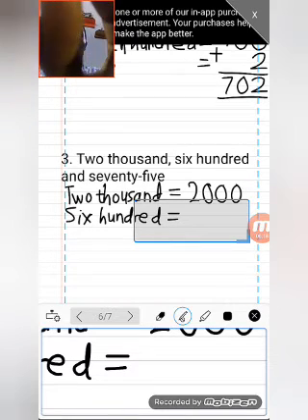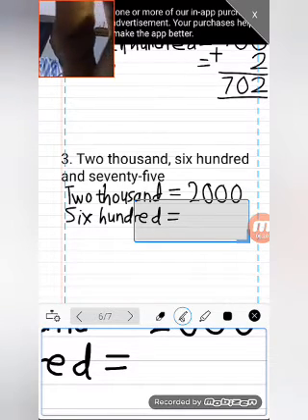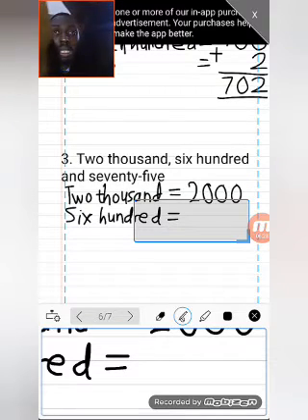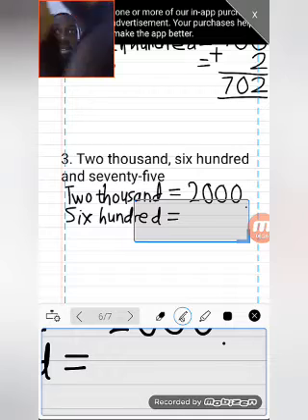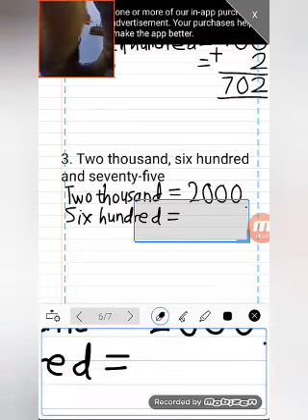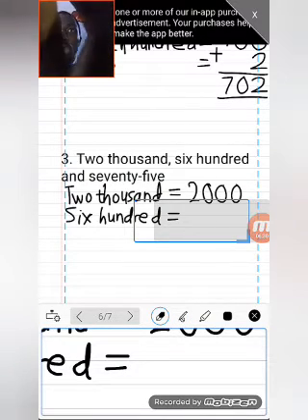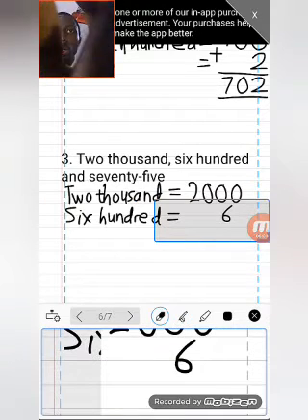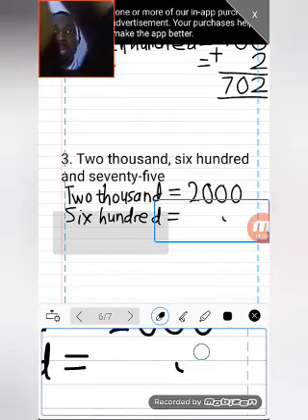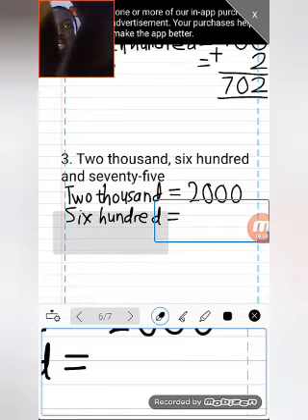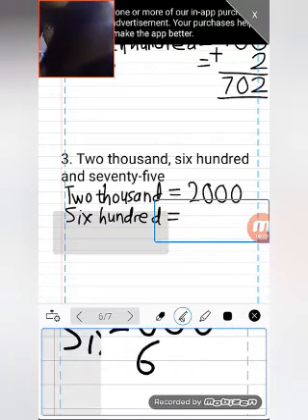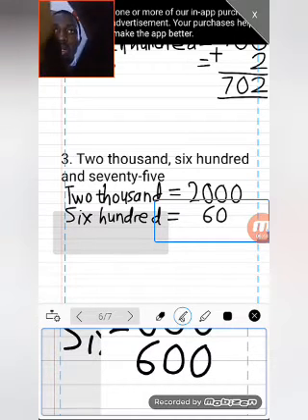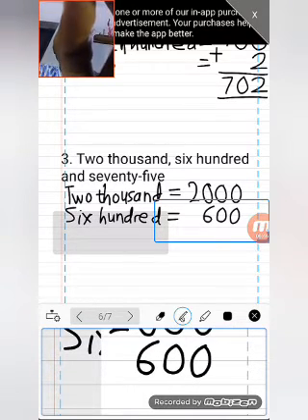That's 6 with 2 zeros behind it. Remember, we have to arrange it the way we arrange when we are adding our numbers. Oh, sorry, there's a dot here. Okay, so let's write 6. The alignment here is a bit shifted. So let's write 6, then 0, 0. You can see that's 600.